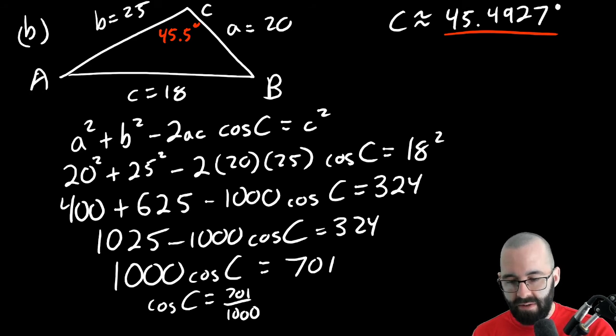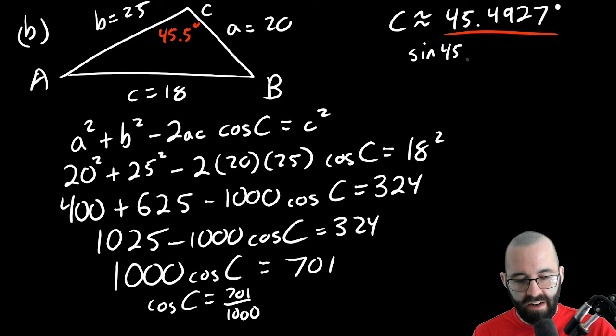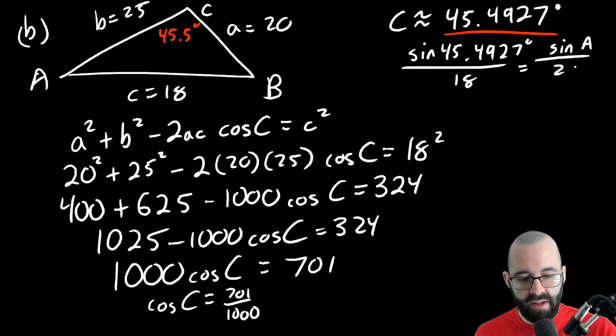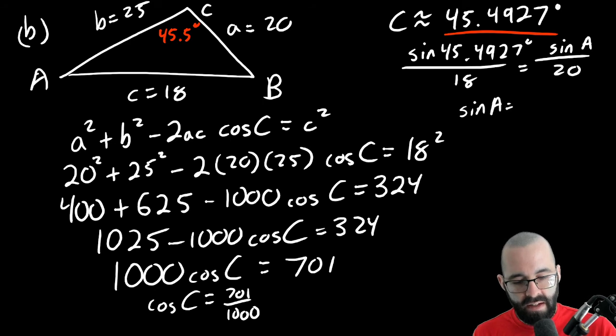If we use the law of sines, we're going to have sine of 45.4927 degrees divided by 18 equals the sine of A over 20. You could choose either angle pair. In other words, the sine of A is going to be 20 times the sine of 45.4927 degrees over 18.